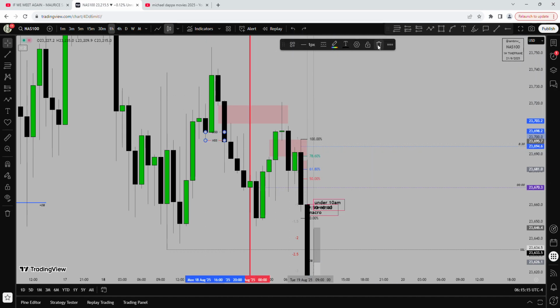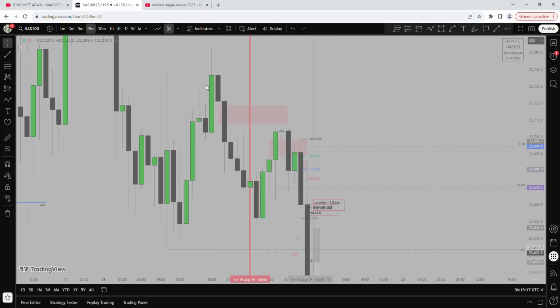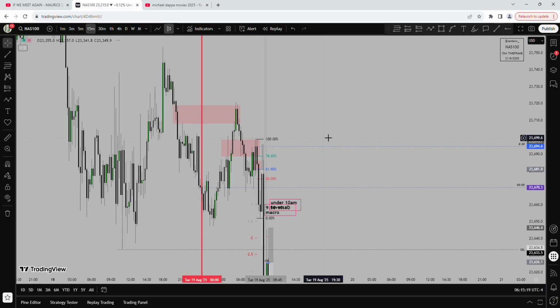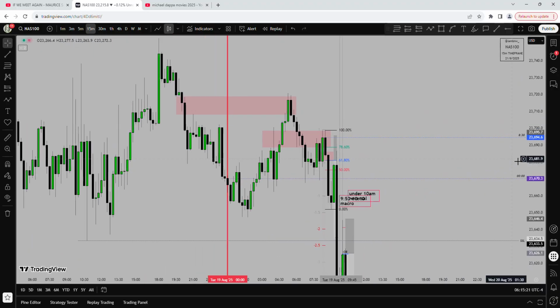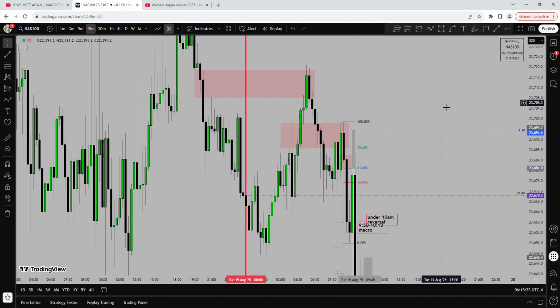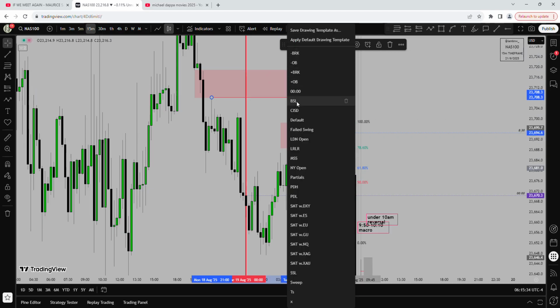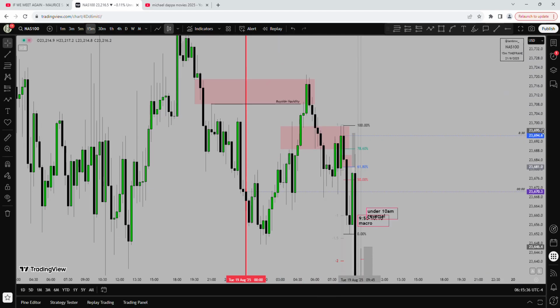Let me take this off only. The right time for it to get filled was the day I decided to trade, right? So price came above, taking out the buy side liquidity. Now this is a buy side liquidity.